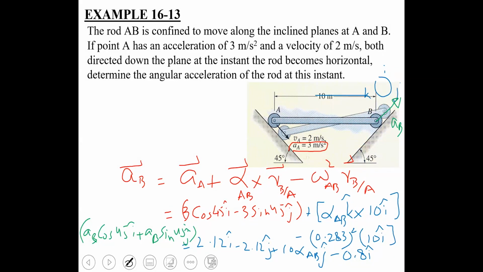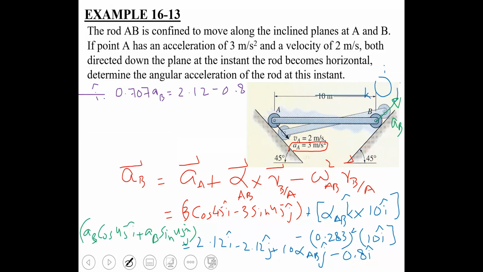Okay, now since it is a vector equation, you are going to compare the I and J coefficients on both sides of this equation. So once you are comparing the I coefficient, it means that 0.707 AB should be equal to, on the right hand side it is 2.12 और किसके साथ आई है? Minus 0.8. So the I coefficients equation would be like this.